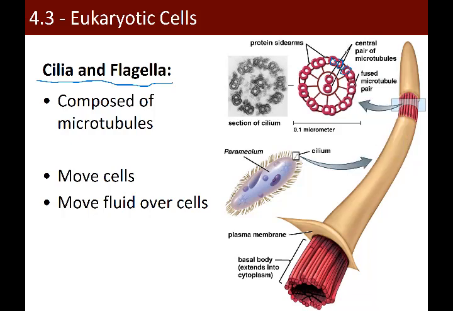And so they form in pairs around the outside, and then they have these protein linkers, and then there are microtubules in the inside. And so this cylinder shape is a large protein that makes up the flagella and the cilia of various eukaryotic cells.